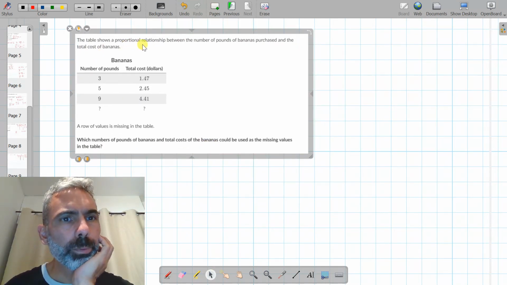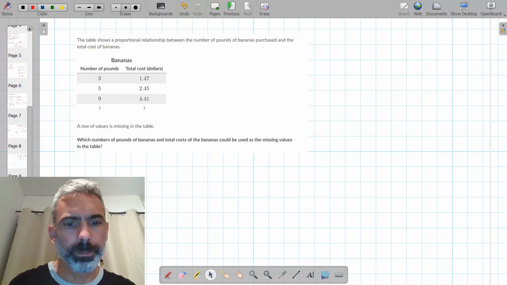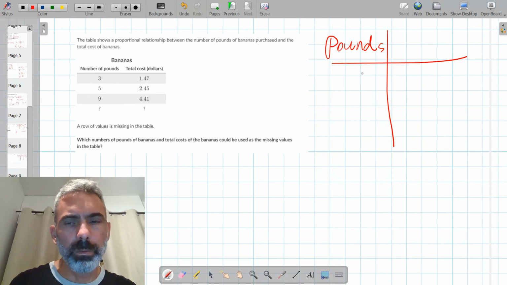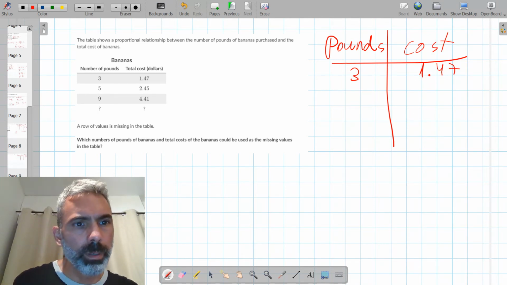The table shows a proportional relationship between the number of pounds of bananas purchased and the total cost of bananas. So for every 3 pounds, the total cost in dollars is 1.47. A row of values is missing in the table.